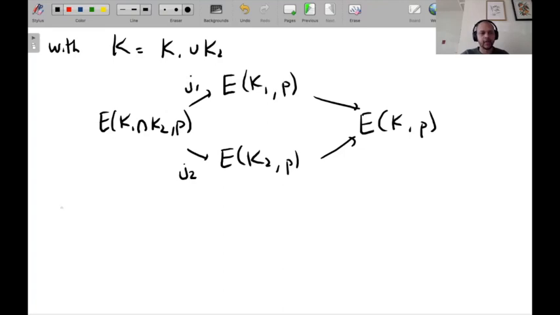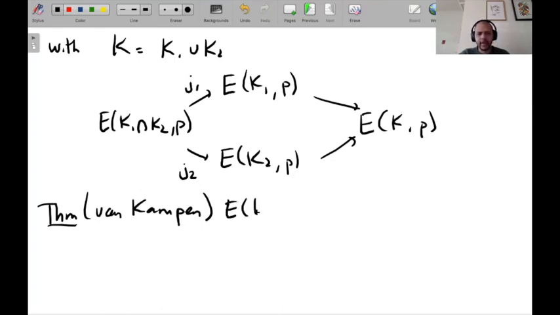Right, and so the main theorem, which is Van Kampen's theorem, describes the edge group of K in terms of these other edge groups.